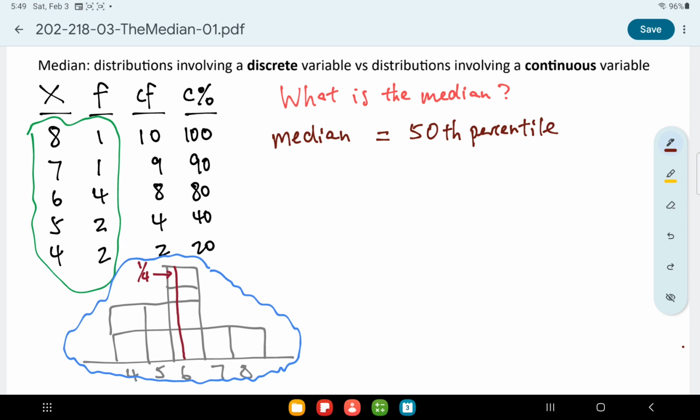Or, if we have an even set of numbers, we would figure out the two middle numbers and take the average. In the situation of a continuous variable, we can either use the histogram method, graphically trying to figure out exactly what the number is which would split the histogram into two equal halves.